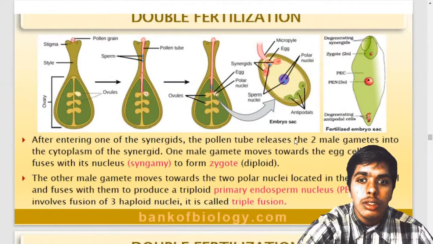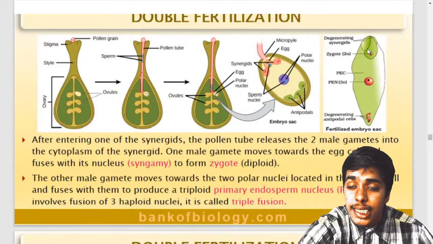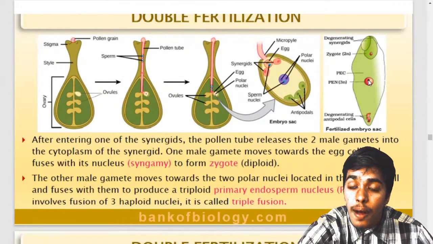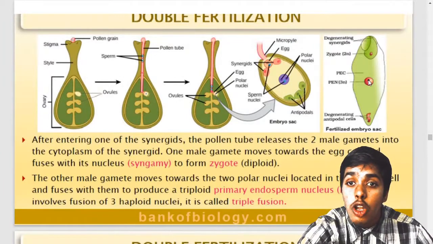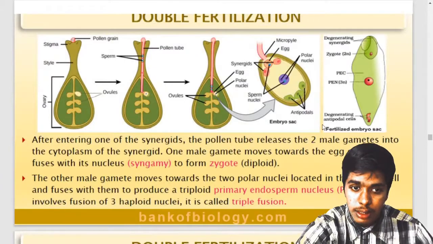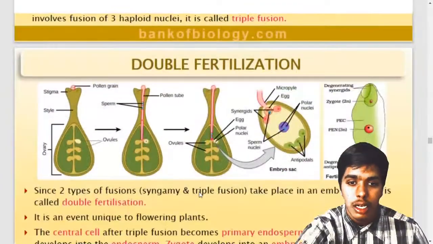Look here, it forms a zygote here, and the second one fuses with the two polar nuclei. That means 1 plus 2 gives rise to 3. That is known as triple fusion.